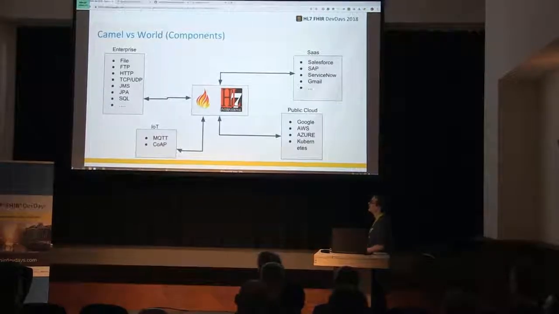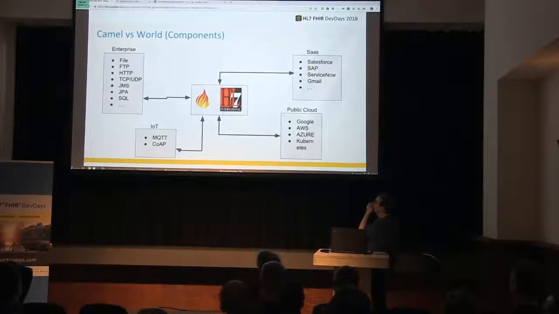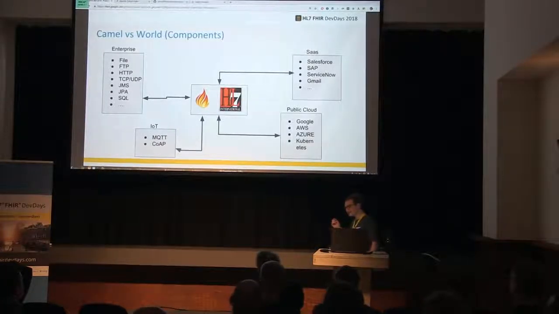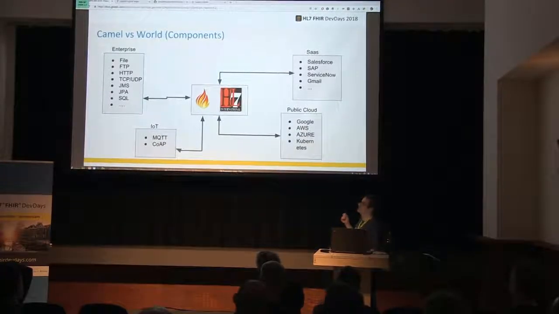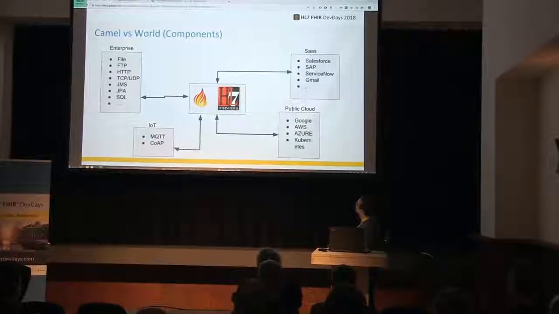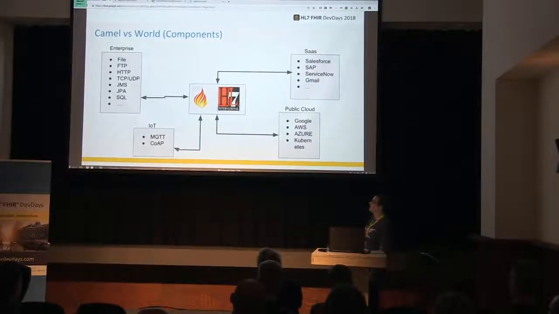All right. So a word on the number of components. So the components, right, are your end systems, and we have over 200 in Apache Camel. So if you want to connect to a system, chances are there's a component there that you can just use, and you're ready to go. I've listed some of them. Nobody knows all of them by heart.